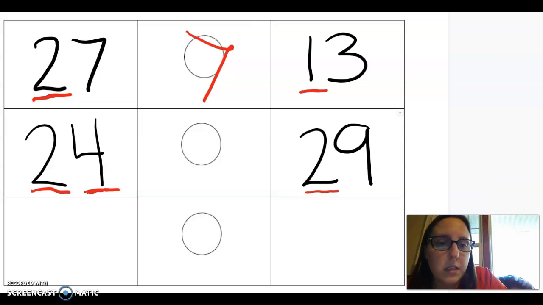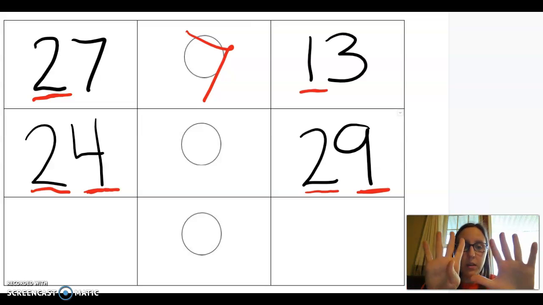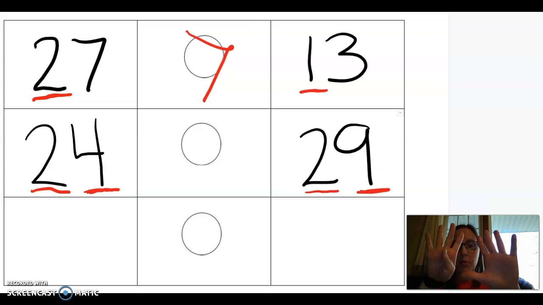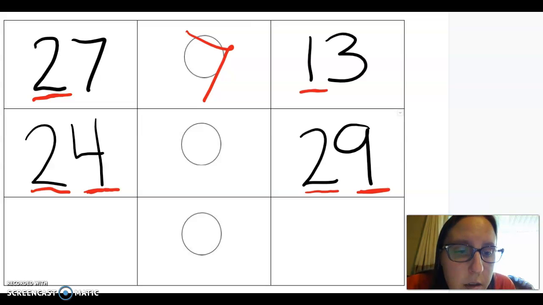And in the ones place in 29, I have a 9. Now, I know inside my brain that 9 is greater than 4. If I hold up 9 fingers, that's a lot more fingers than 4. So that tells me that 29 is greater than 24.